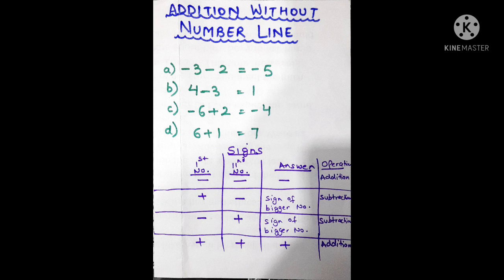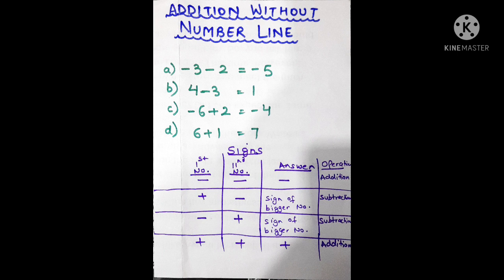In the third example, we can see that there are two numbers, one of which is a minus number, that is a negative number, and the other number is positive. When there is one negative and one positive number, we subtract the numbers. So we have subtracted, that is 6 minus 2 equals 4.